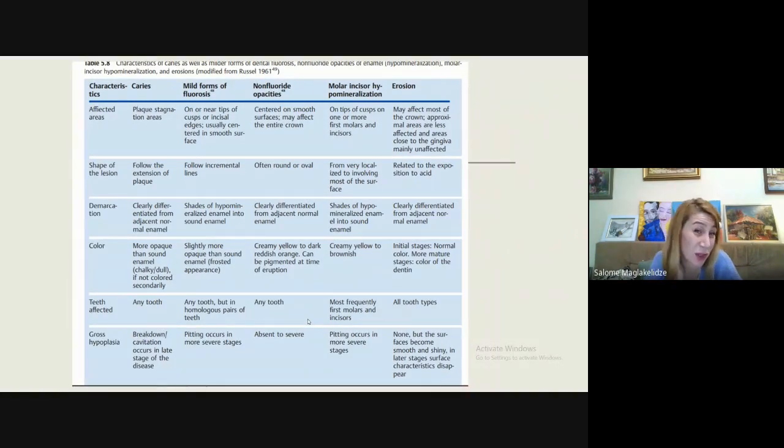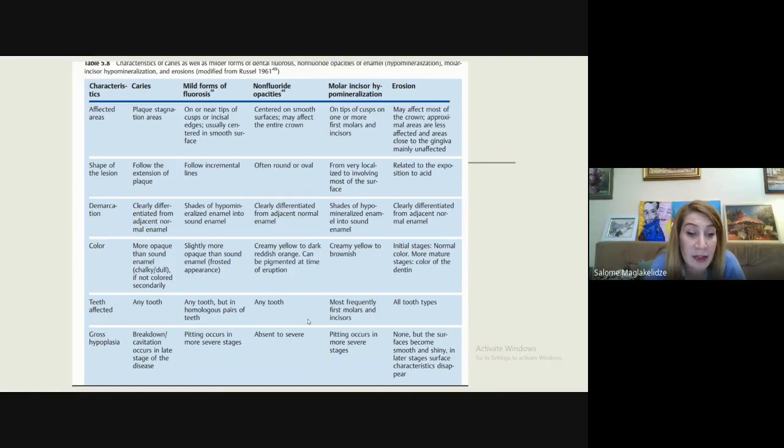characteristics of caries and other diseases which are non-carious diseases, and we could see that for caries it's prominent that it more affects plaque stagnation areas, and it follows the expansion of the plaque in shape. It's clearly differentiated from the adjacent normal enamel, and it's more opaque than sound enamel, if not colored secondarily, and it could affect any teeth.